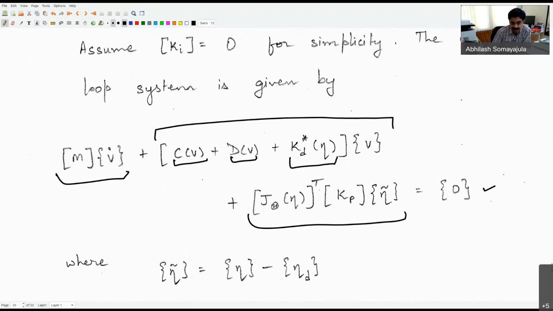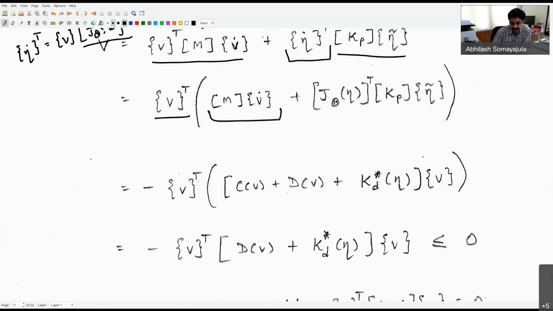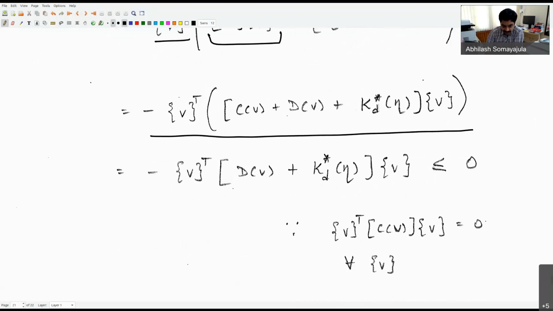So I'm going to replace it with that, and eventually, instead of M V dot plus this thing, I'll get minus V transpose times C plus D plus Kd star times V. Everybody with me so far? Now, as long as I can ensure that these matrices are positive semi-definite, this product will be less than or equal to 0. I can show that because it's a quadratic form, right?